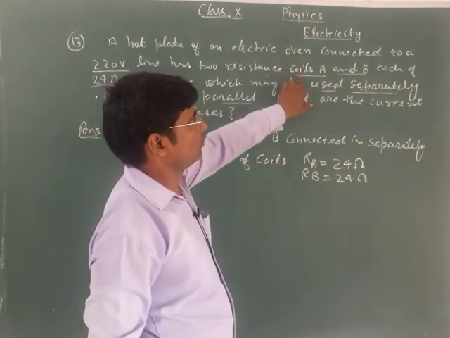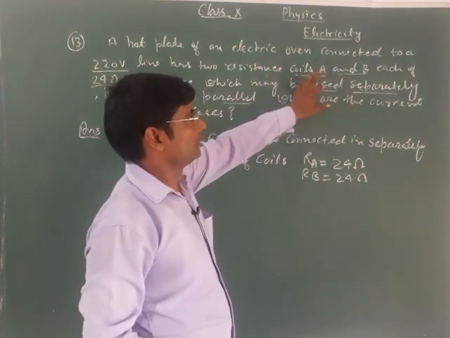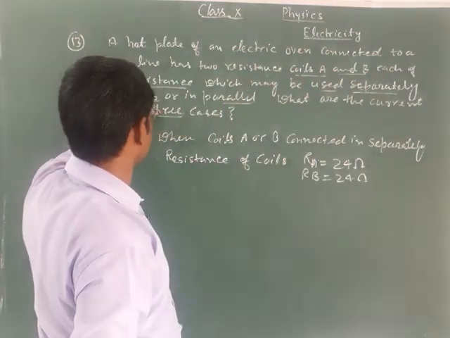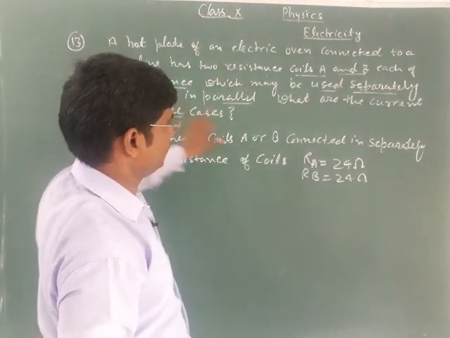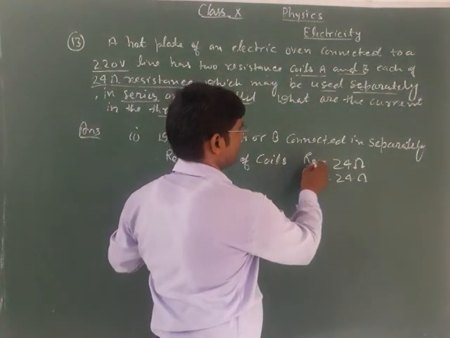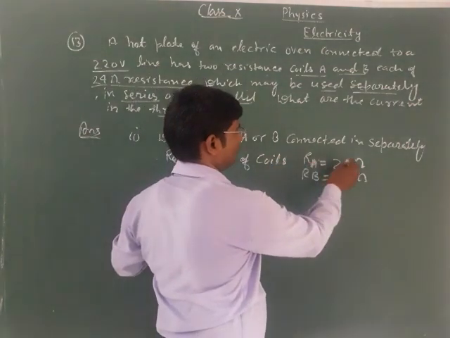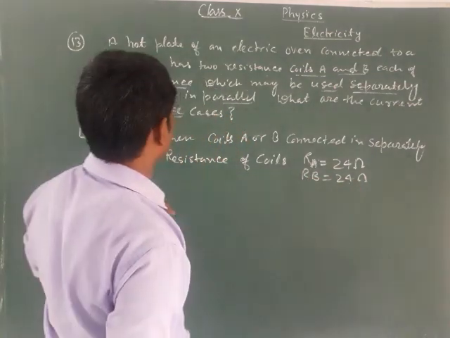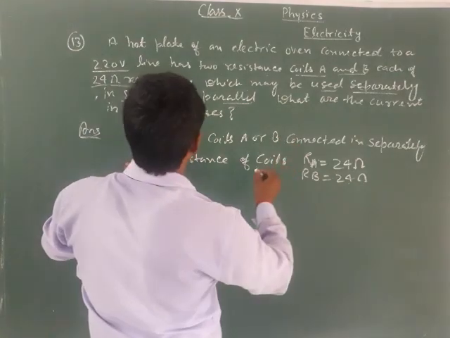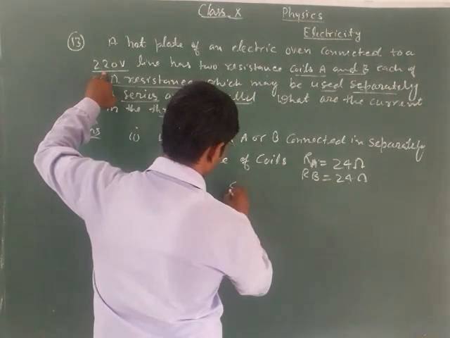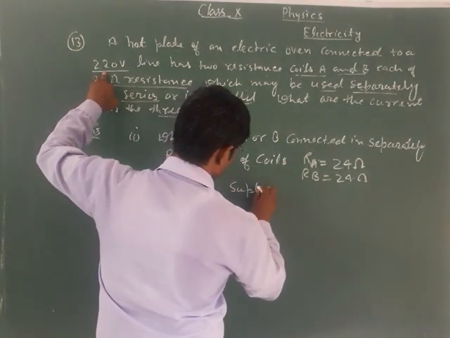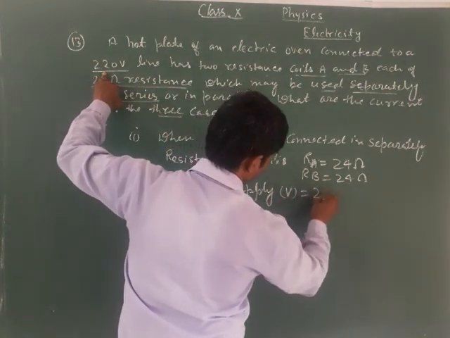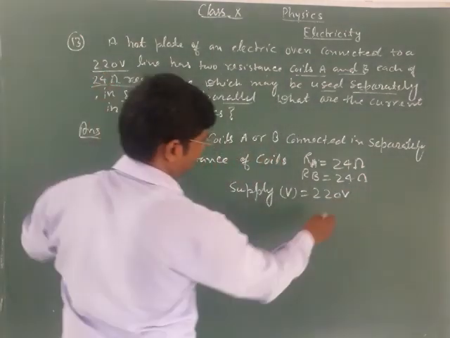There are two coils, coil A and coil B, each of resistance 24 ohm: resistance of wire A is 24, resistance of wire B is 24, and the supply V is equal to 220 volt.